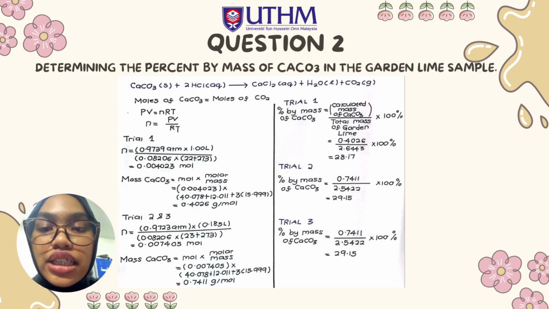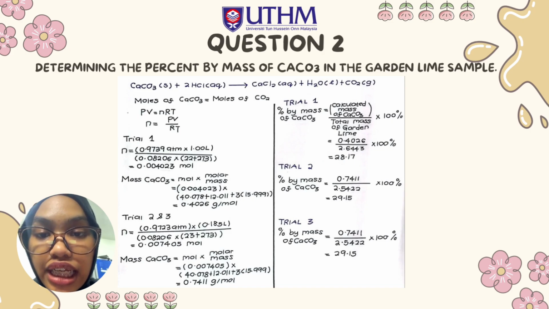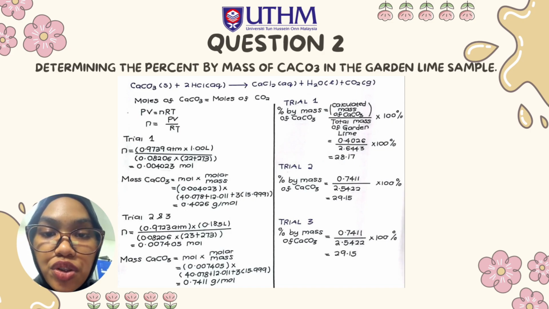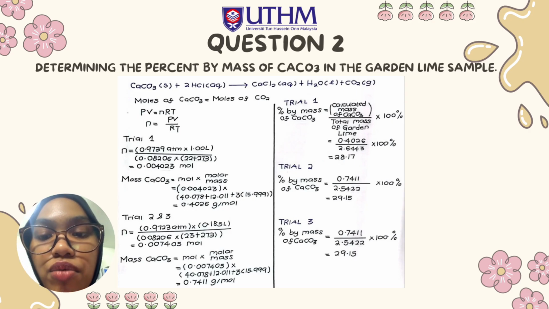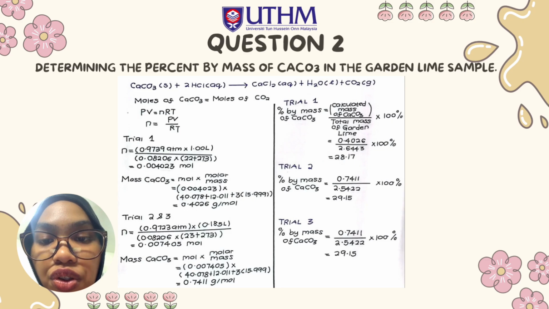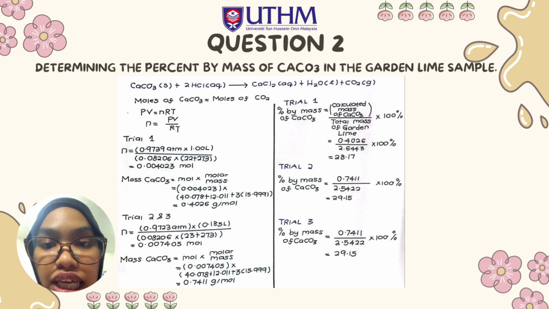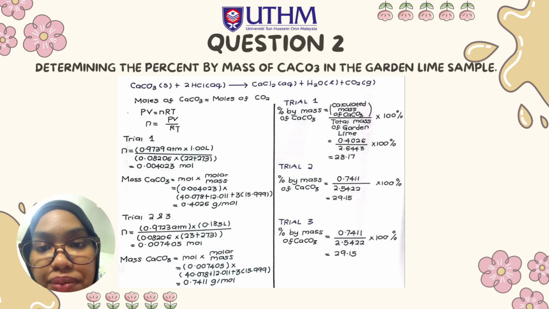Question 2. Determining the percent by mass of CaCO3 in the garden lime sample. So, we will have the balanced equation CaCO3 solute plus 2HCl aqueous, resulting CaCl2 aqueous plus H2O liquid plus CO2 gas.